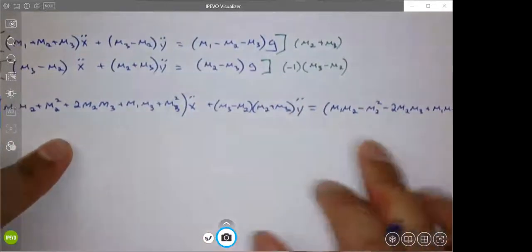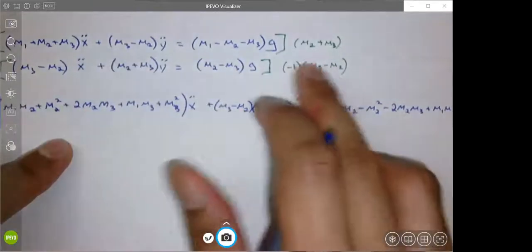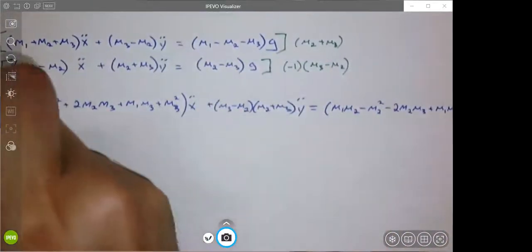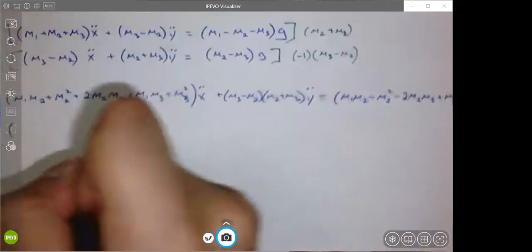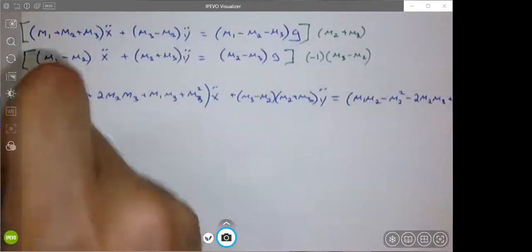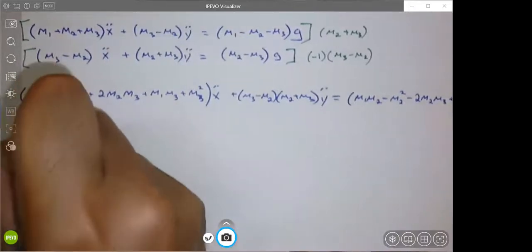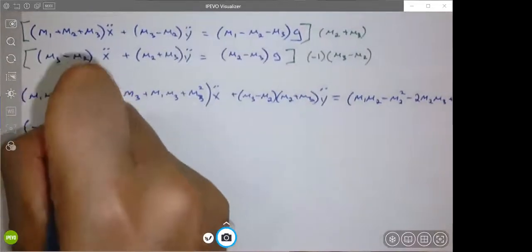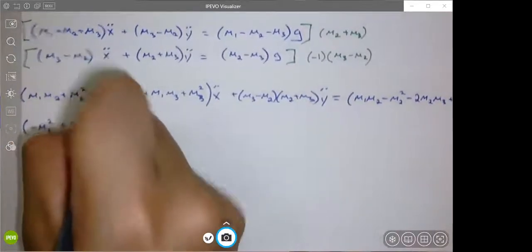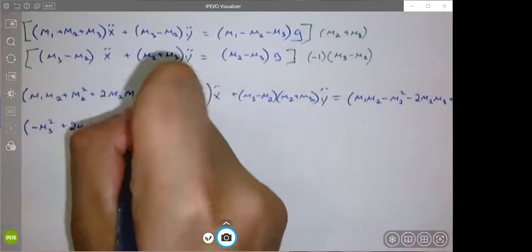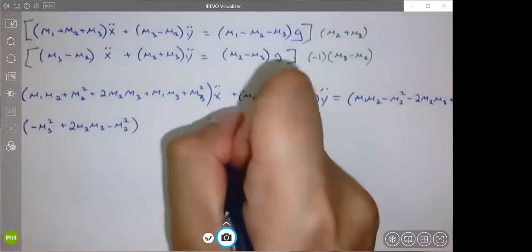Now we have to do the bottom equation, distribute this term into here, here, and here. All right, well, might as well. So the first term, when you multiply it into here, is going to become negative m3 squared plus 2 m2 m3 minus m2 squared in the x dot direction.